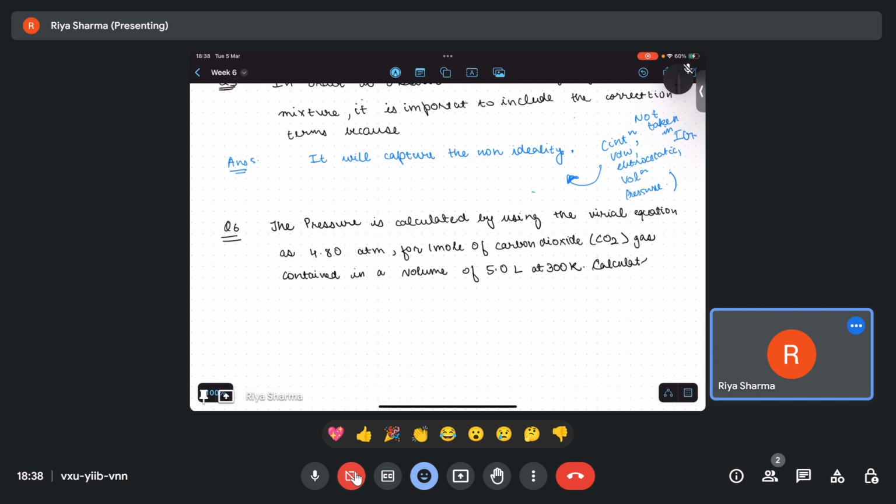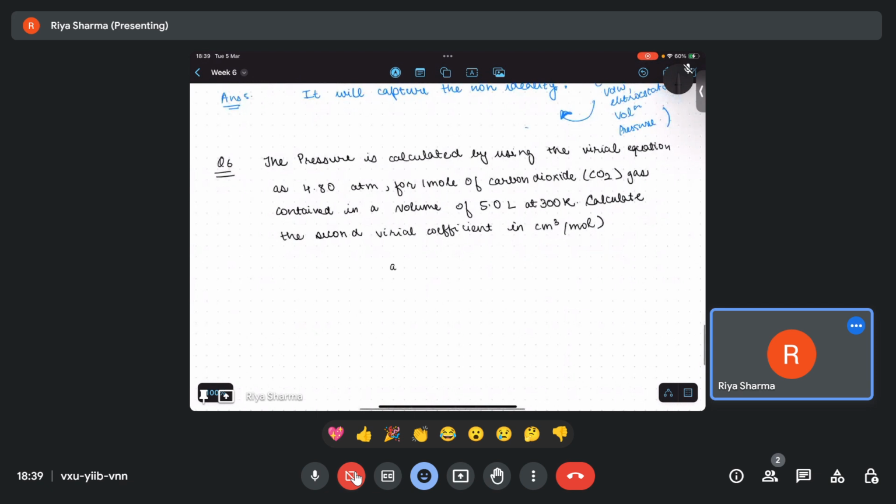Calculate the second virial coefficient in centimeter cube per mole.